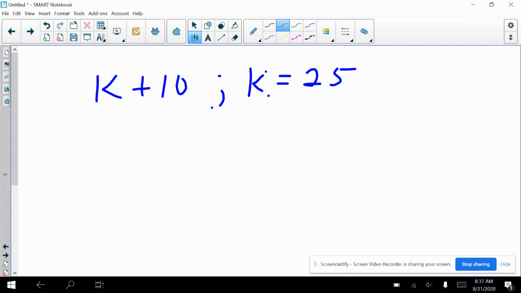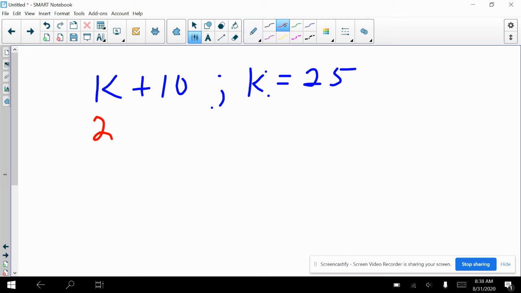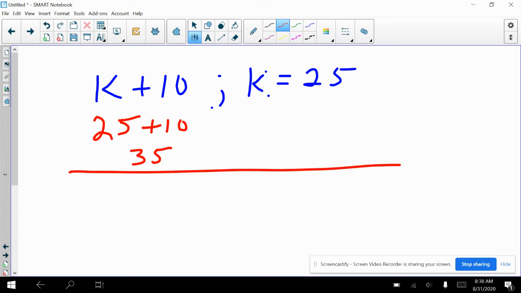That's simple. 25 plus 10, and you get a whopping 35. We're not going to spend too much time on addition because it's pretty easy. Everybody good? Okay, so then you may have some that look like this.